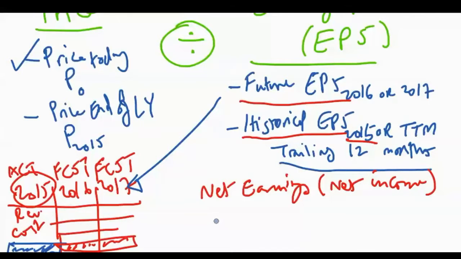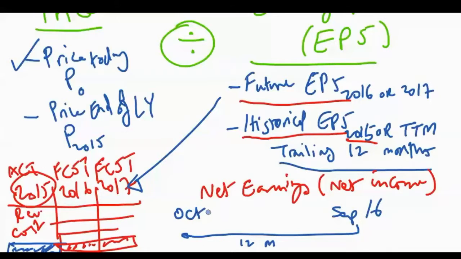But the important thing for the trailing 12 months is that you need to have different sets of financial statements. Basically, you need only a couple of financial statements. For example, you can have the 9 months results ending September 2016, and you need to calculate the 12 months period ending in that month, September 2016.